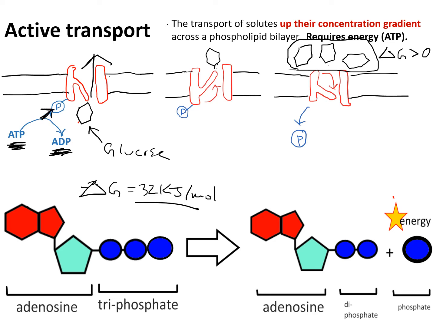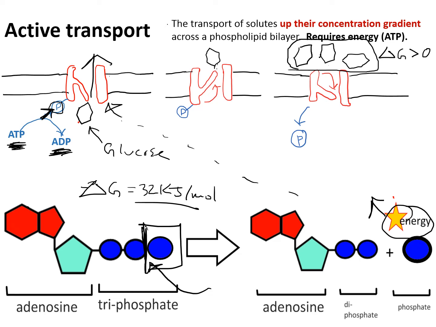And this bond here specifically has a lot of energy in it. And this energy can be harvested by adding it to, over here, come on, follow what I'm talking about, over here, adding it to this protein transport pump.